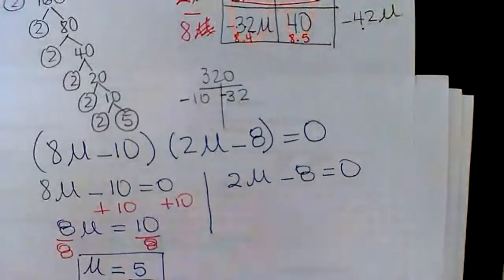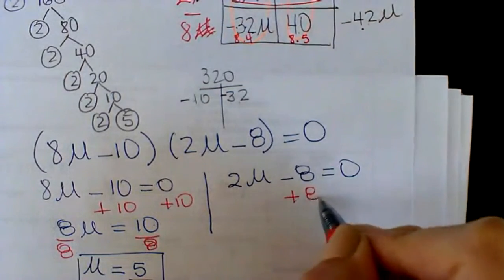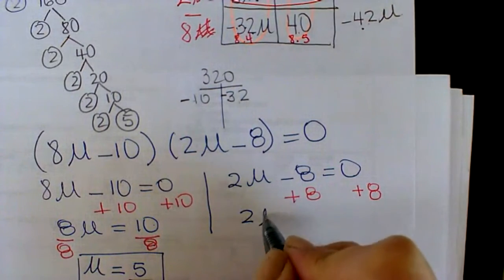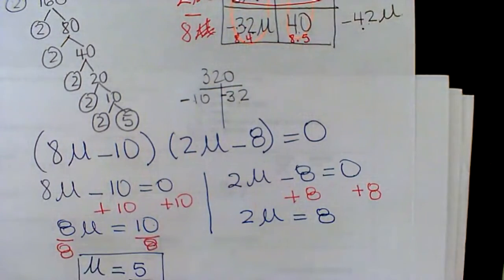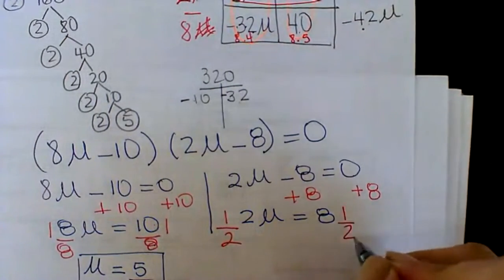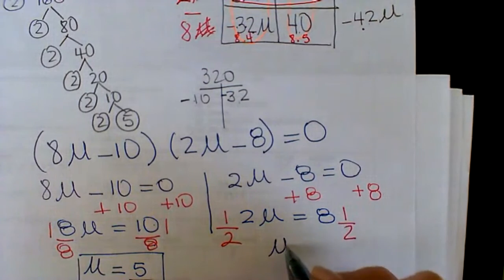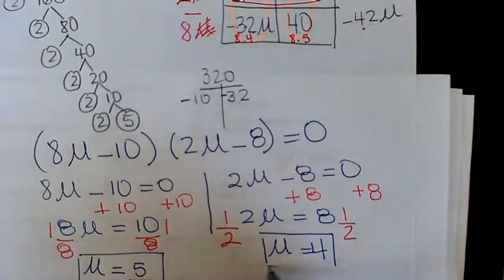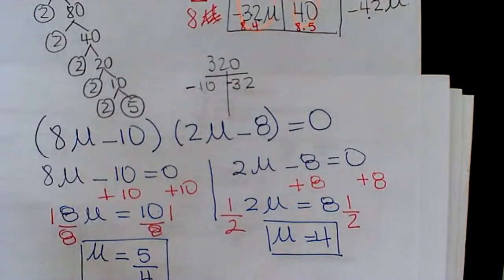Now let's get this one. 8 over 2 is 4. Go ahead and try that, guys.